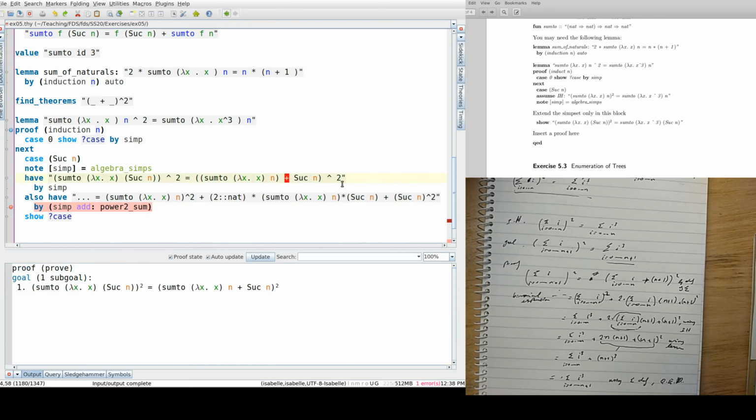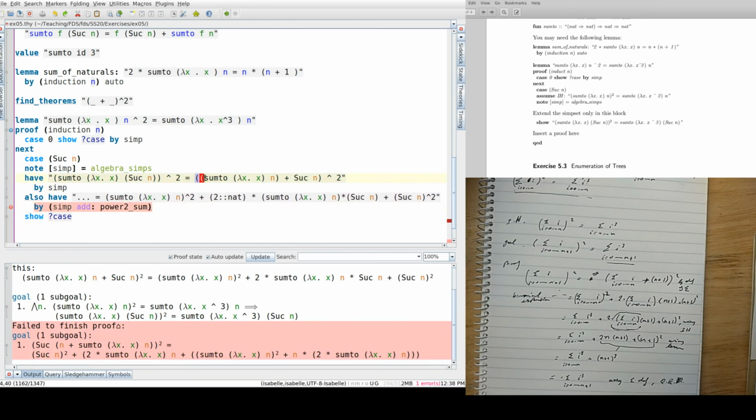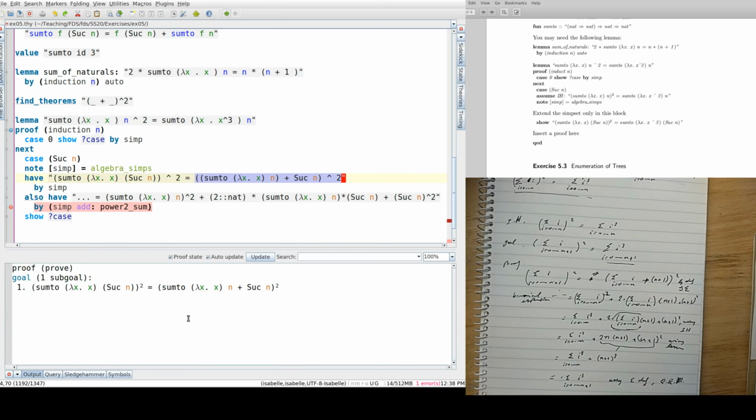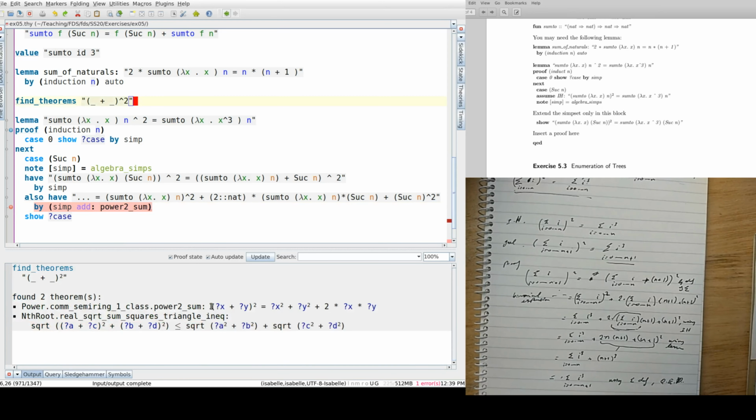So I think I know why. It's because when we write Suc n there, we have a sum, so let's look carefully into that. When the left hand side was simplified to this undesirable form, it's because the theorem about the binomial expansion didn't match it.